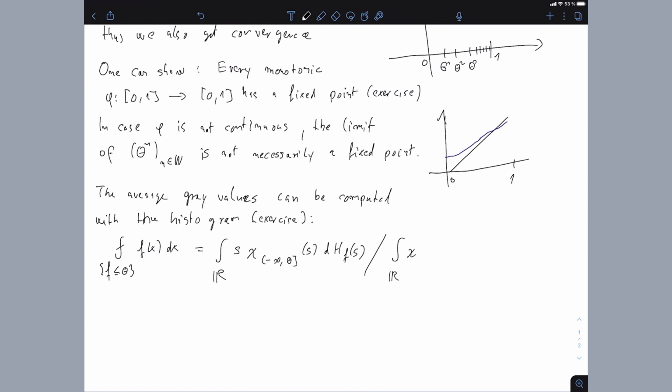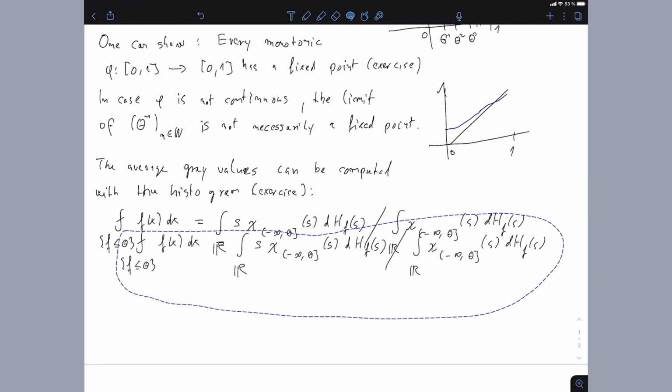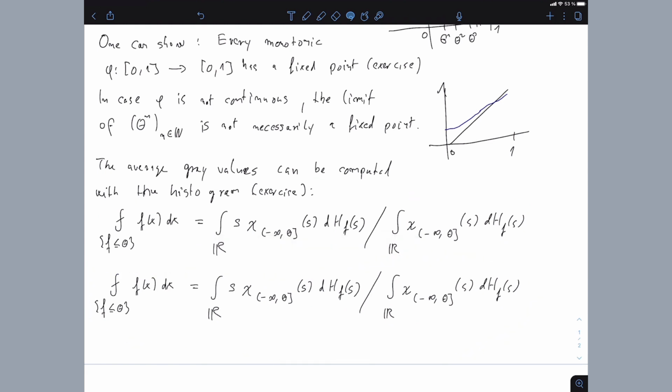And we have to normalize by the same term without the scaling by s. Yeah, so this is like the volume of the sublevel set, and this is the integration of f in that sublevel set. And yeah, these continuous formulas may look a little strange, but if you plug in what we learned for this push forward measure or image measure, you should see why we have this relation.